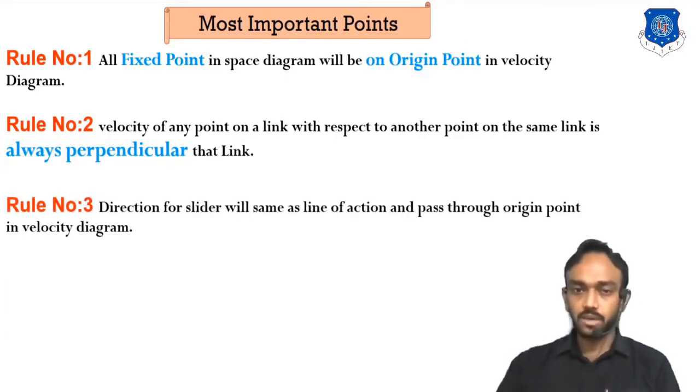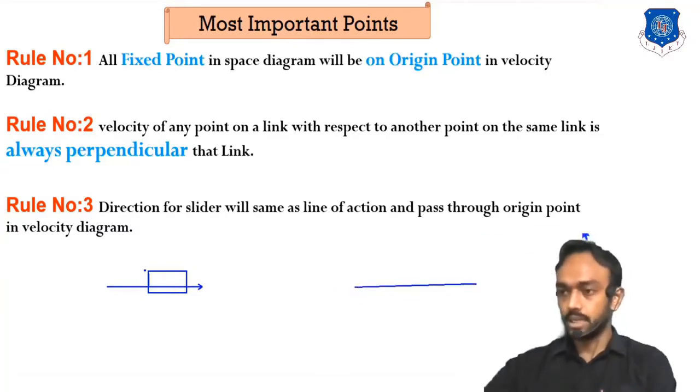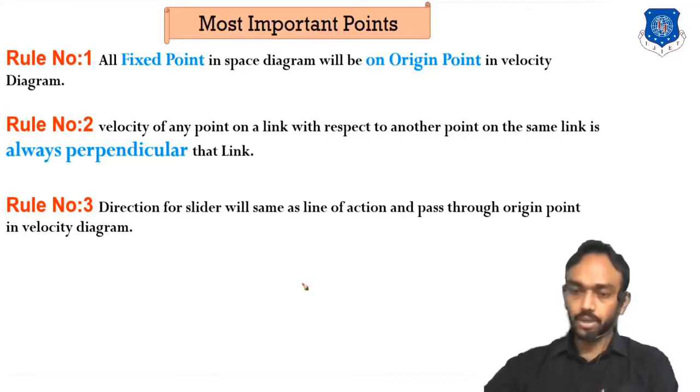Third is the direction of slider always be the line of action passed through the origin point in a velocity diagram. I am going to explain this again, because if the piston is moving in this direction, then you will draw the line passing through the origin. Okay, I'm giving you another example.